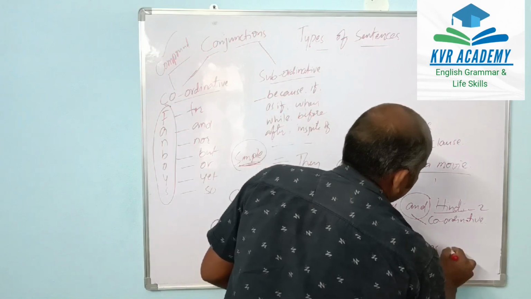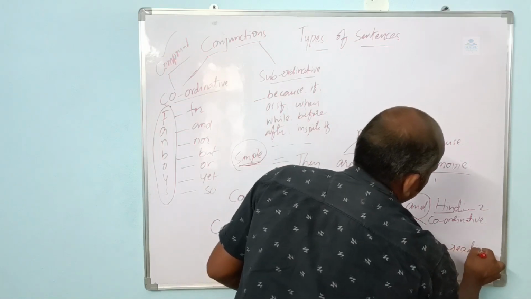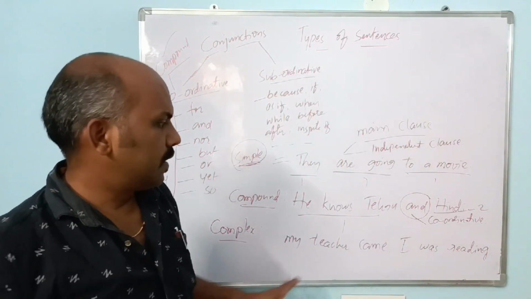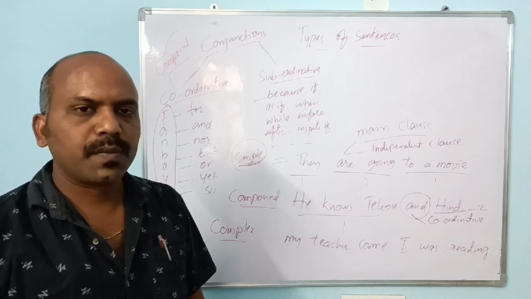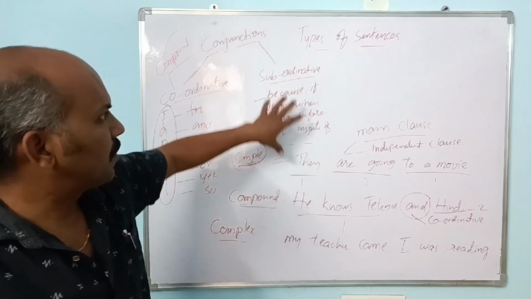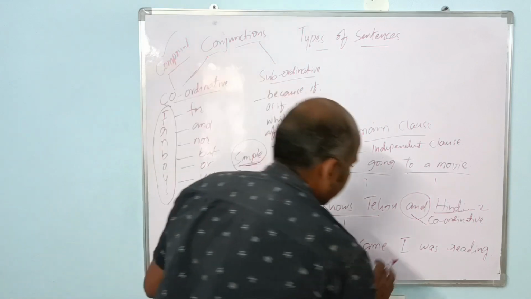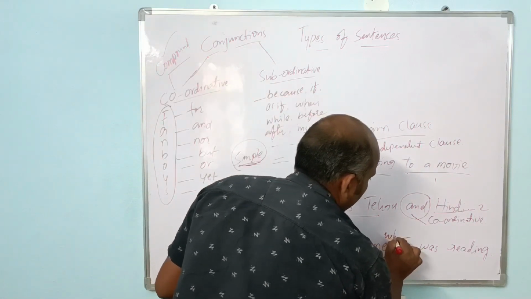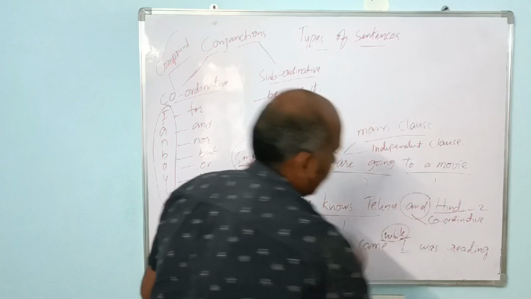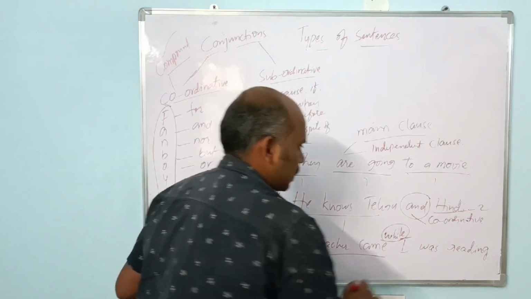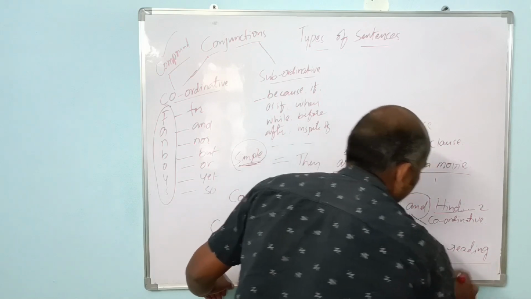I was reading is one more simple sentence. Now I am combining these two simple sentences with a subordinative conjunction: my teacher came while I was reading. So here is one class, and from here another class.